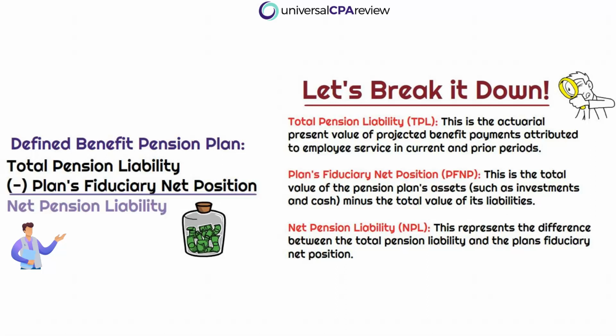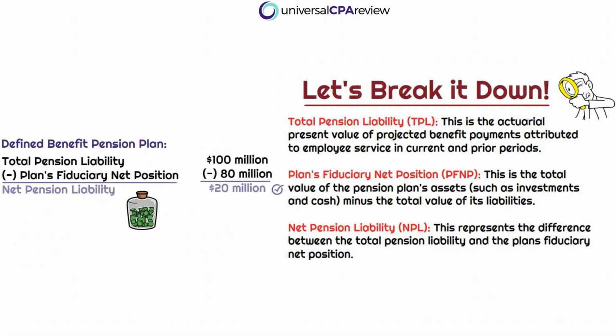So in other words, if there is a shortfall between the total amount a government is expected to pay its retirees and the amount that it currently has, that shortfall is the amount that is recorded as a liability on the entity's financial statements, hence the term net pension liability.